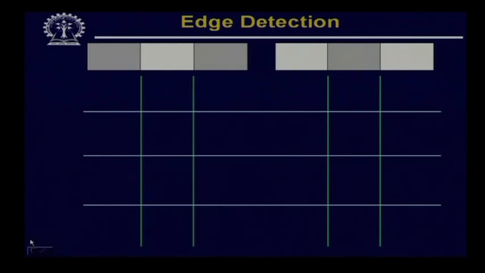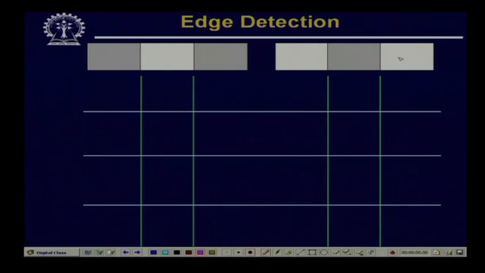Here, on the top, we have taken 2 typical cases. In the first case, we have shown a typical image region where we have a transition from a dark region to a brighter region and then again to a dark region. As you move from left to right, you have transitions from dark to bright, then again to dark.